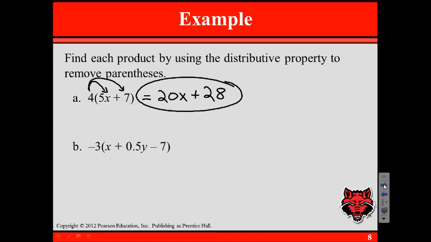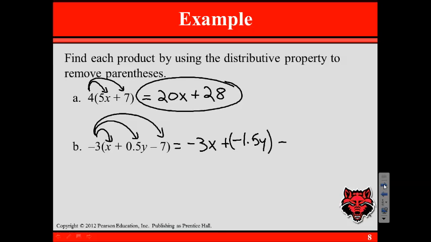In example B, we're multiplying negative 3 times this set of parentheses. So I'm going to draw my arrow that represents I'm multiplying negative 3 times each term. So we start with negative 3 times x is negative 3x plus negative 3 times 0.5y is negative 1.5y minus negative 3 times 7 is negative 21.